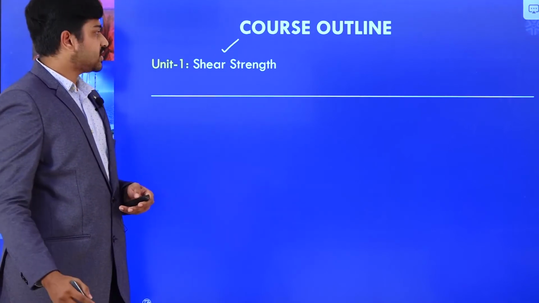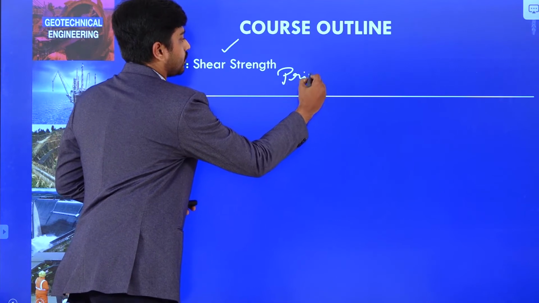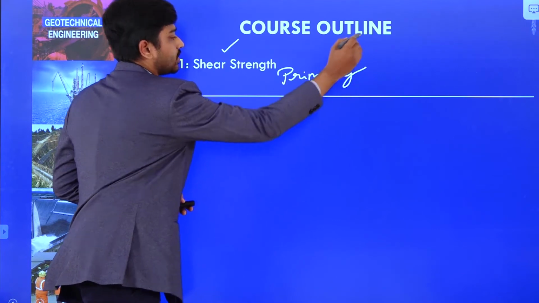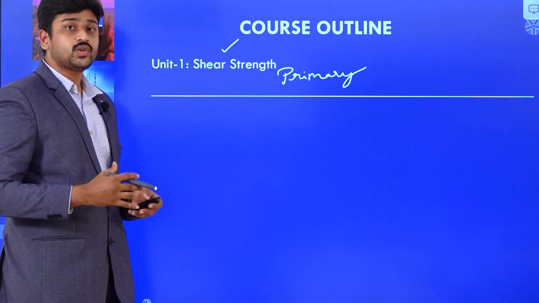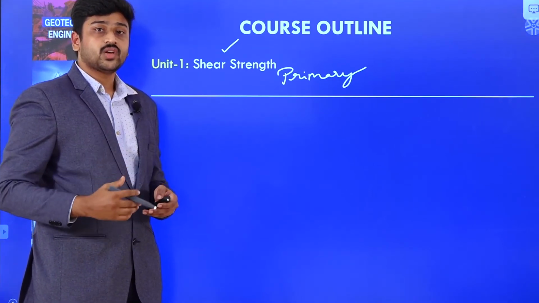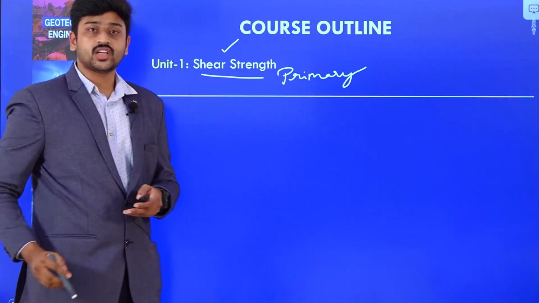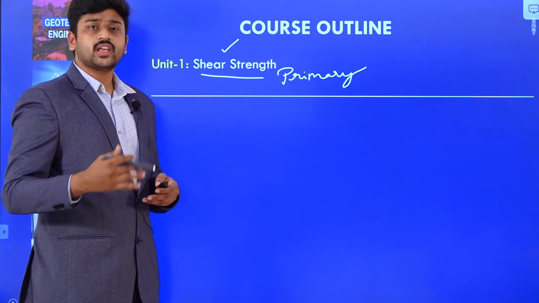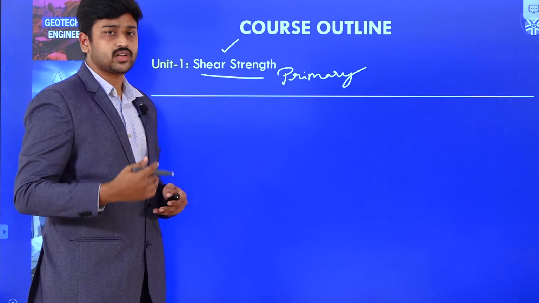This is one of the primary engineering properties. Why is it primary? Because we need to evaluate the strength of a particular soil based on this shear strength. So we will be learning about this in this unit, and what the different methods are that we use.